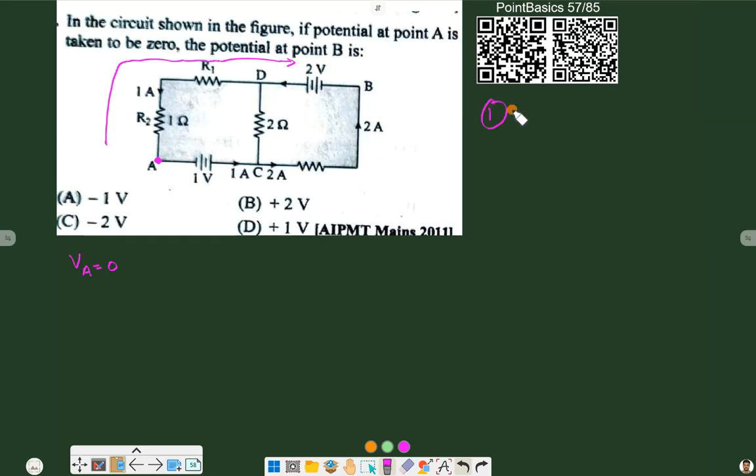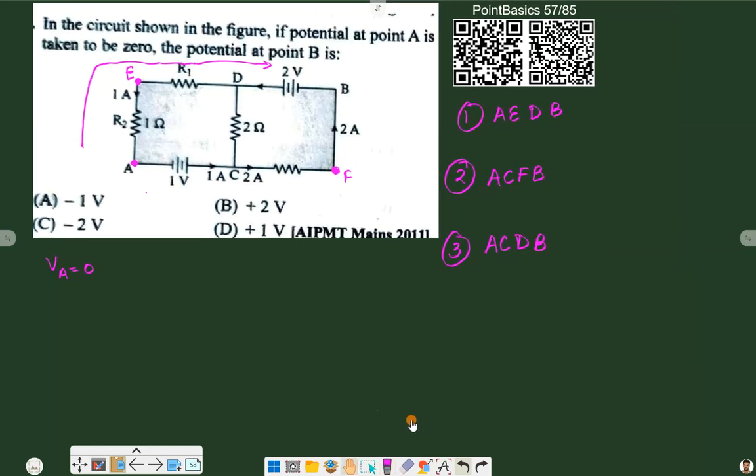Our first path is moving from A to, I think there are no points mentioned, so let us mention a point here, point E, and also mention a point here, point F. So we start from A, move to E, then D, and then we reach point B. Second path is ACFB, and third path is ACDB.